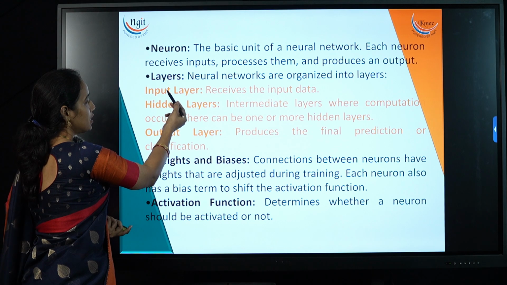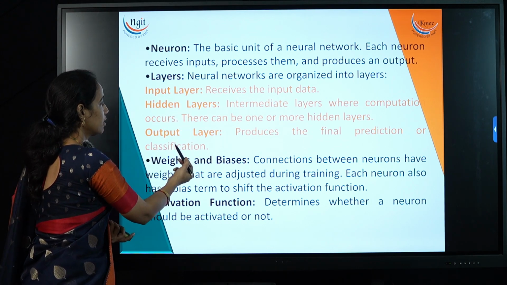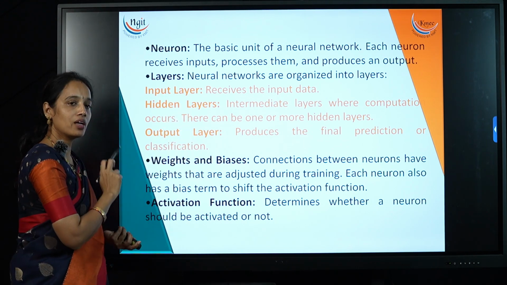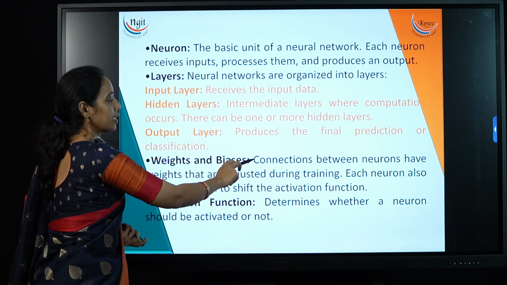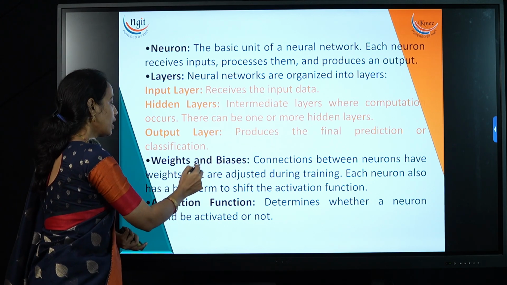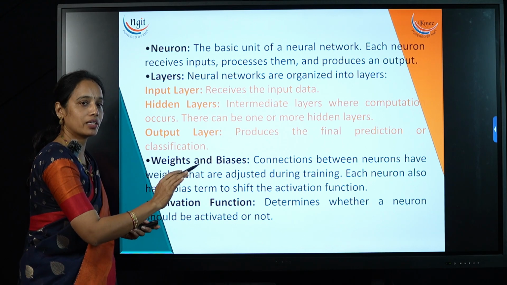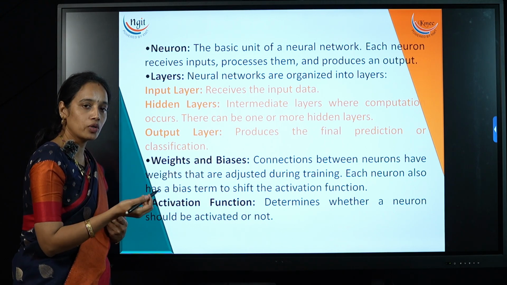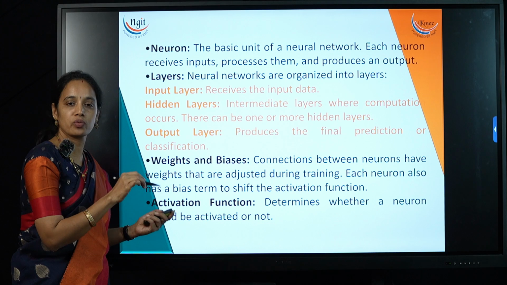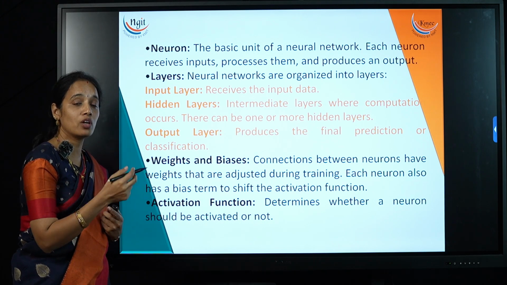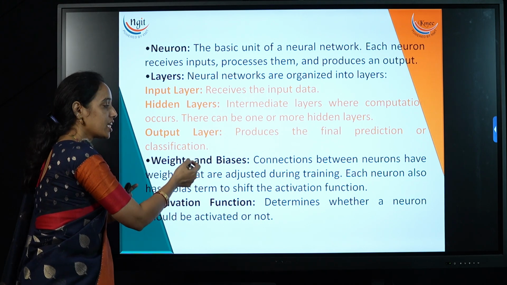And we have three layers: the input layer, hidden layer and the output layer. The connections between neurons have weights that are adjusted during training. After getting output, we compare the actual output with the predicted output, and if the error is more, we go back and change the weights.